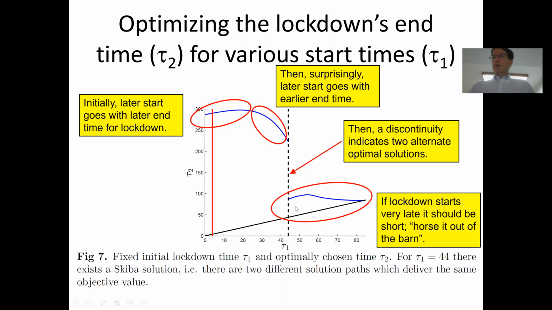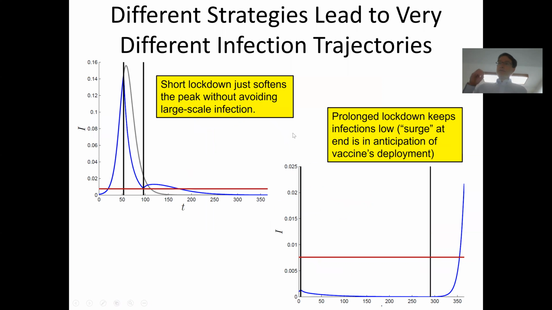But I really want to focus on this discontinuity and these two alternative optimal solutions and point out they are really very, very different solutions. So they're shown on these graphs in terms of the number of people who are infected at any given point in time. With the short lockdown, the number of people infected, the blue line, is actually not that different than the gray line, which would be no lockdown whatsoever.